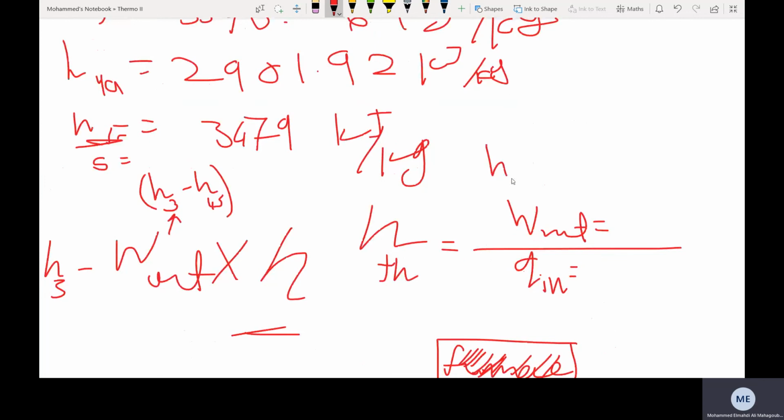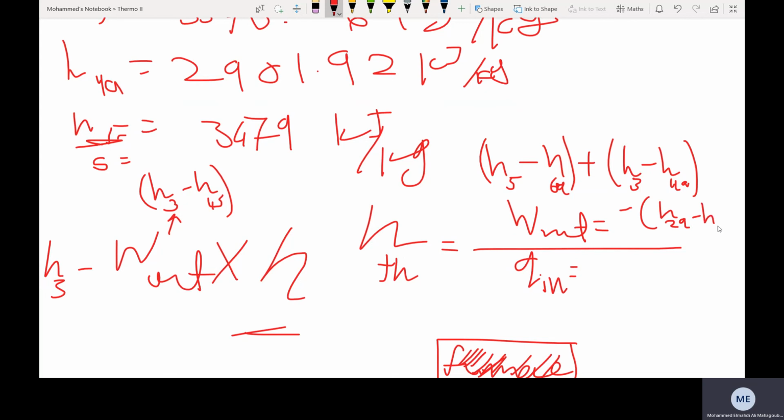So say H5 minus H6 actual, always use actuals, plus H3 minus H4 actual, minus H2 actual minus H1. So all of this is the work net: 2 work outputs, 1 work input.